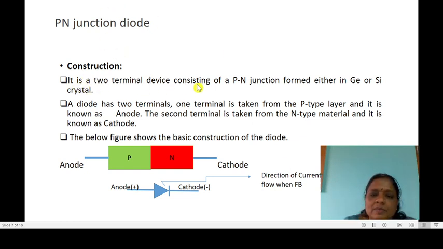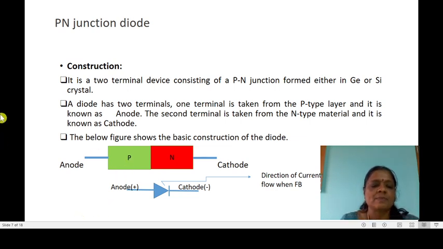It is a two-terminal device consisting of a PN junction formed in either a germanium or a silicon crystal. A diode has two terminals. One terminal is taken from the P-type layer and it is known as the anode. The second terminal is taken from the N-type material and it is known as the cathode. How to construct this? Let us take any one germanium or silicon material.